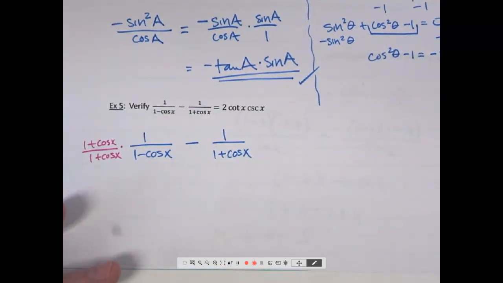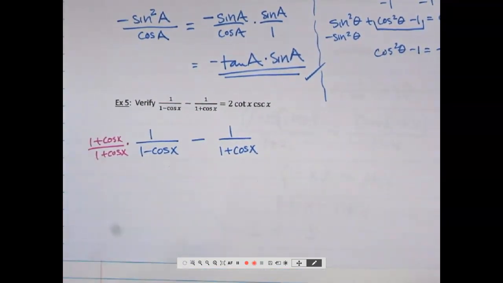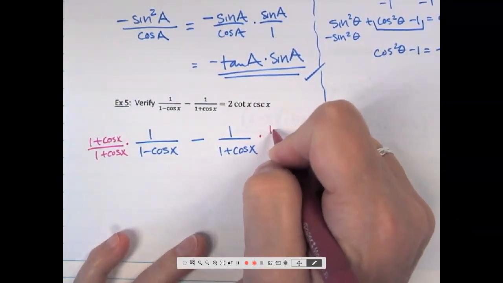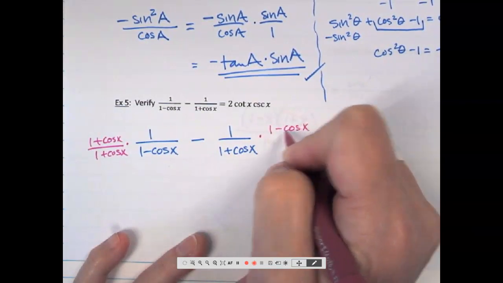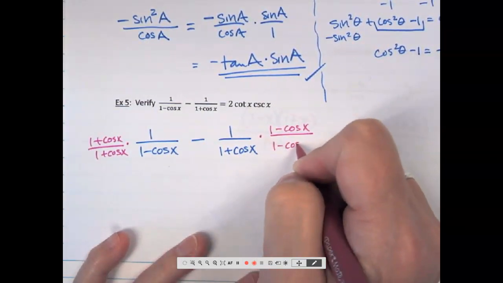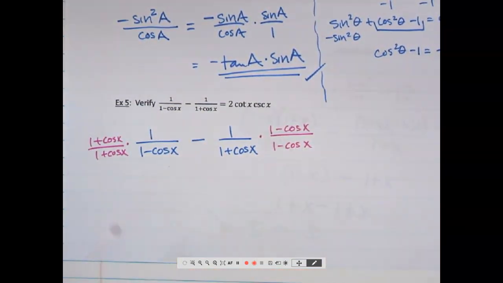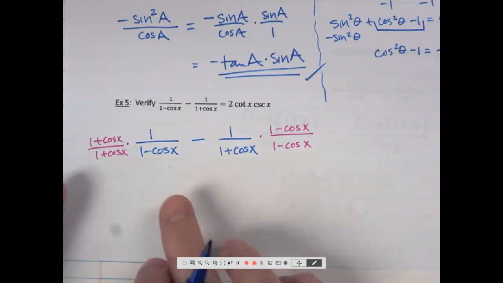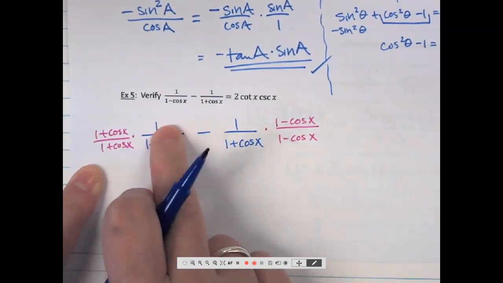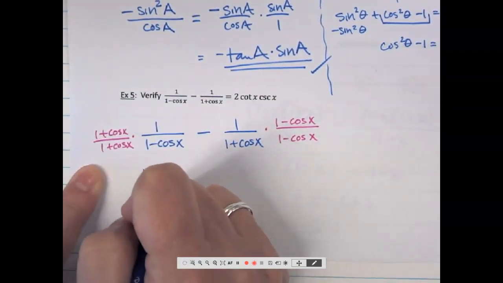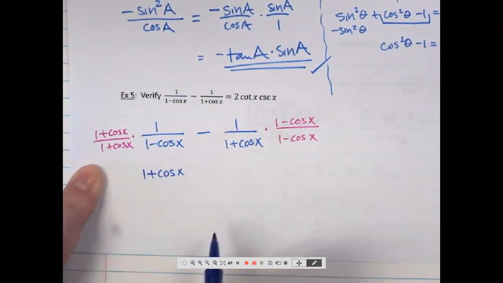So this is not an equation. I can't just multiply both sides by a quantity because it's not an equation. So I have to multiply by quantities that equal 1. That's why I'm multiplying top and bottom. Okay, multiply these two fractions. 1 times 1 plus cosine is 1 plus cosine.